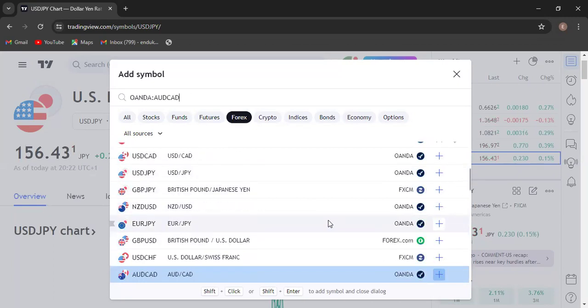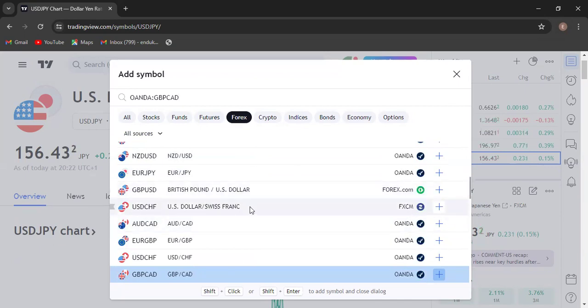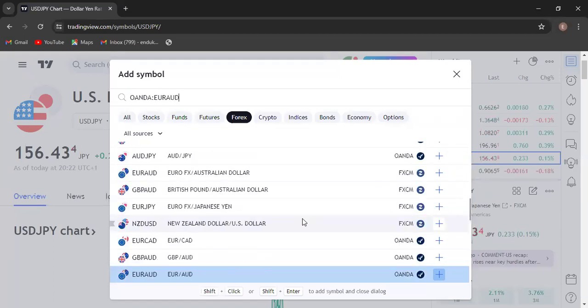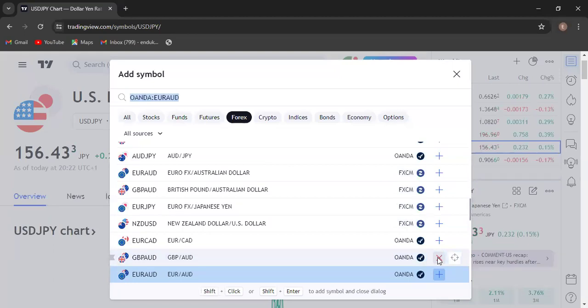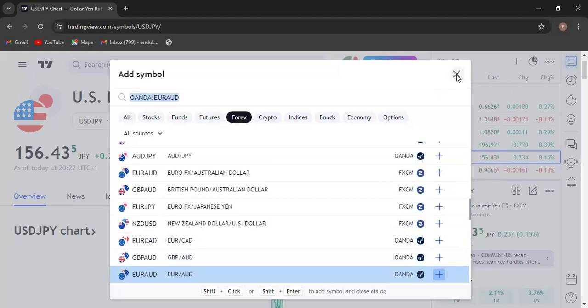Okay, look at USD/CHF. I'll click on this plus sign and add it. I've added it already. I will scroll down again and look for a pair that I don't have that I like to trade. It's not all the pairs I trade. I will add it. So that'll be all for adding pairs to the watch list.